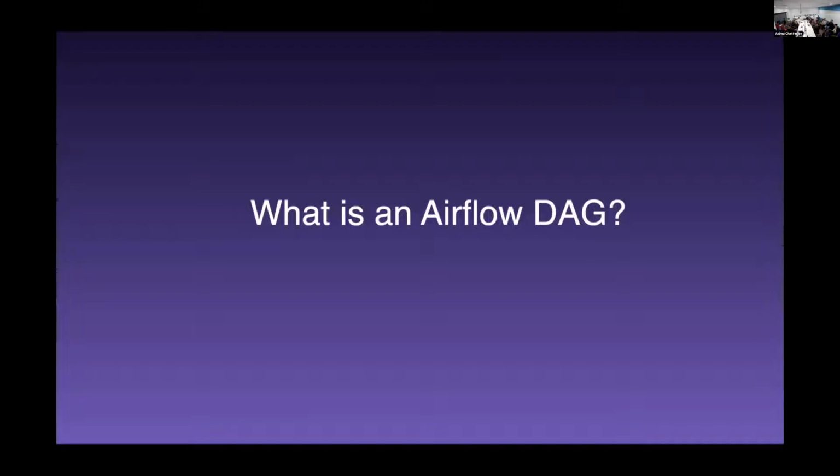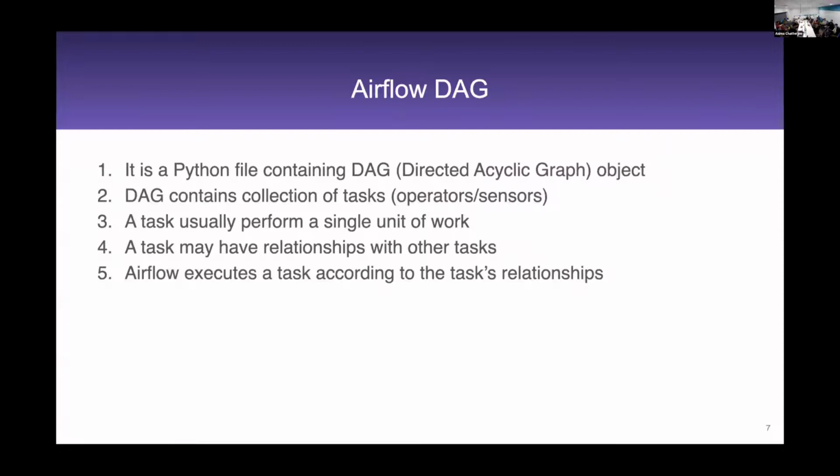So in the last slides, I discussed the workflow. In terms of Airflow, a DAG is a workflow, so you basically call a DAG a workflow. Let's talk about what a DAG is.